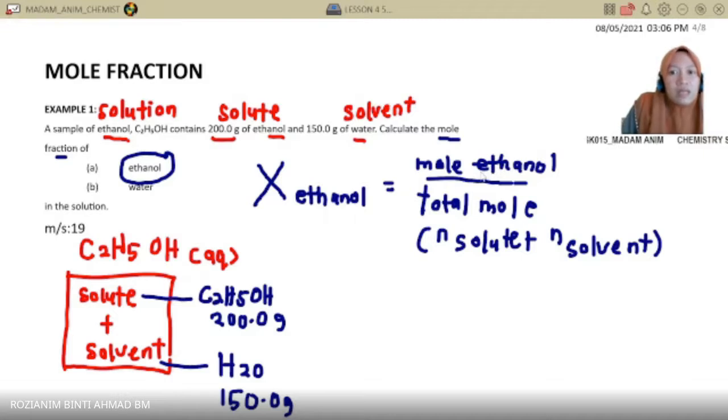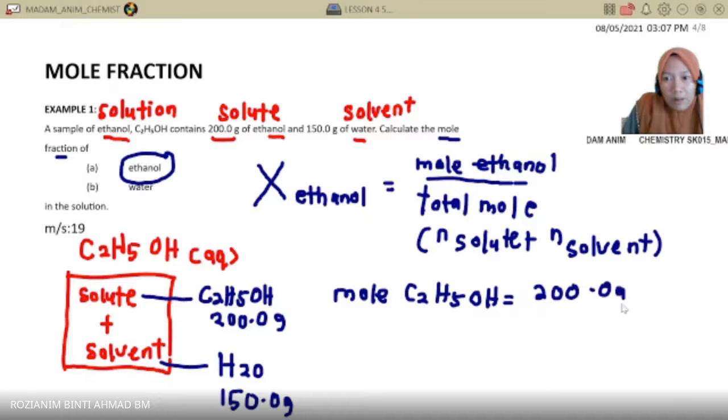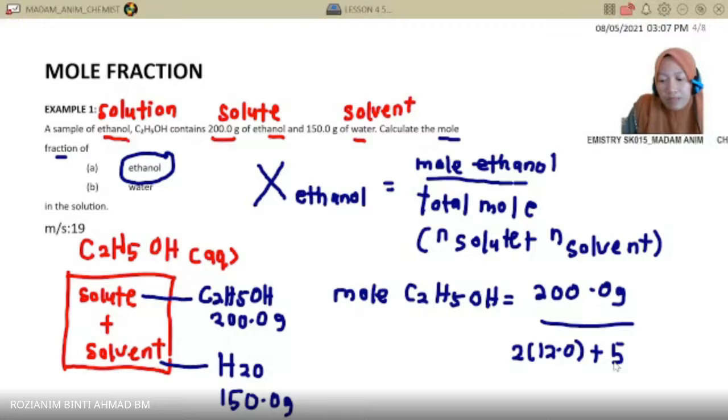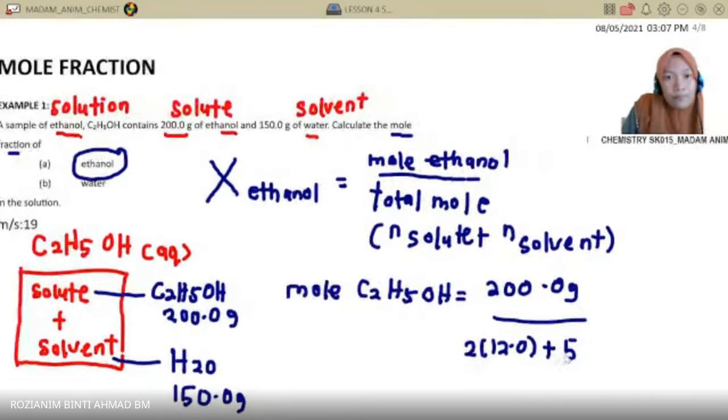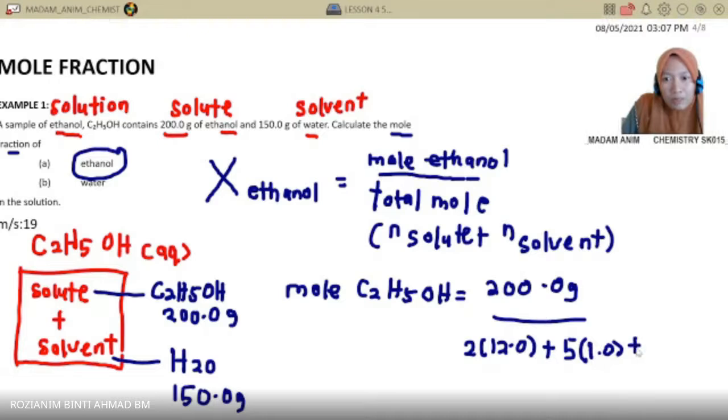What is the first task? Calculate the mole of ethanol first. So the next step, find out the mole of C2H5OH, equal to the mass given, 200 gram, over the molar mass: carbon 2 moles times 12.0, plus 5 times 1.0, and plus, not 5 plus 1, 6 hydrogen atoms, plus oxygen is 16.0.